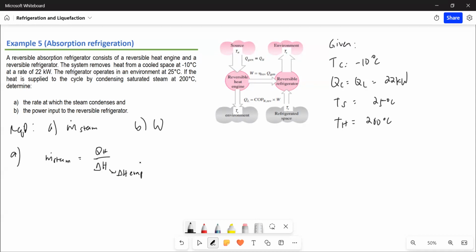This is something that we can obtain from the steam table. So our remaining unknown would be QH.